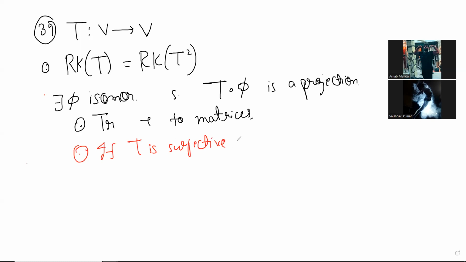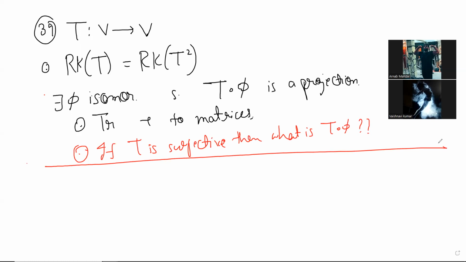T is surjective, then what is T phi that we have constructed? Okay, that is number one that you should try. But then this technique that we have used here, you should use this technique.